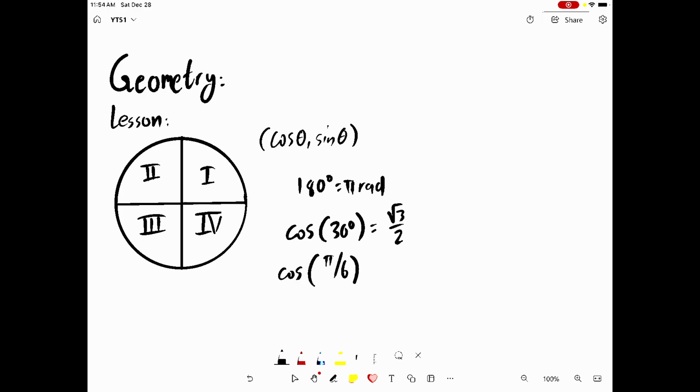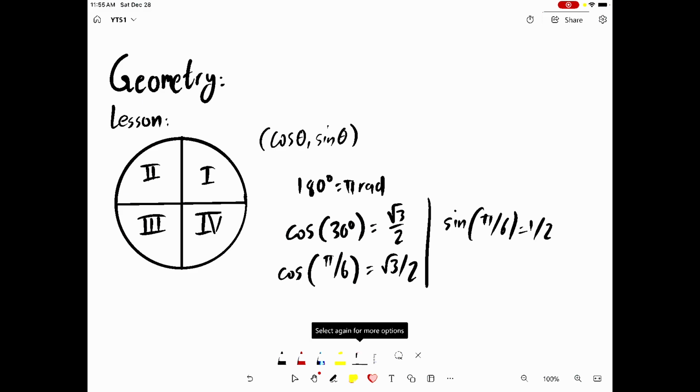When you're doing operations like differentiation and integration, it'll be a lot easier for you. So cosine pi by 6 radians is equal to root 3 by 2. Sine pi by 6 radians is equal to 1 divided by 2.